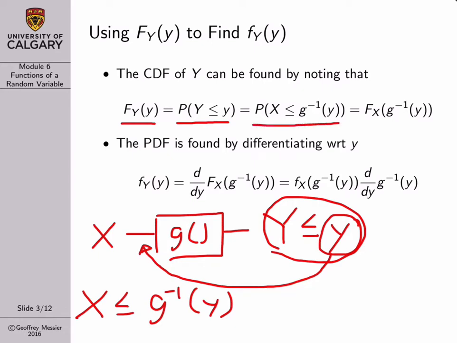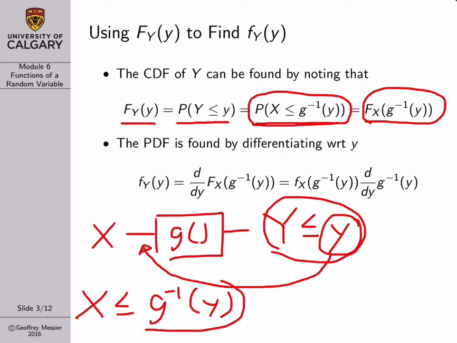Now, we know that this probability is the CDF probability, and so this is equivalent to the CDF of x, where we replace our argument lowercase x with the inverse of our system function with lowercase y as its argument. Basically, everywhere you see a lowercase x in the equation for the CDF of x, you replace it with the expression for the inverse function with little y as its argument.